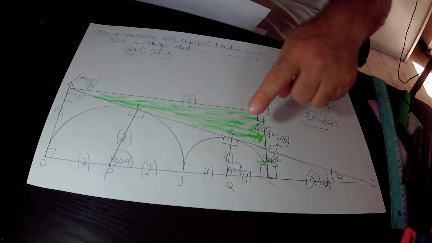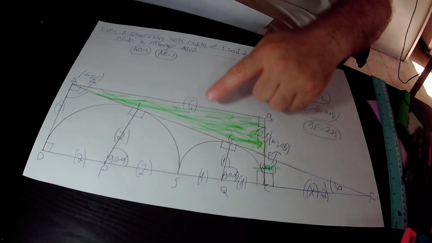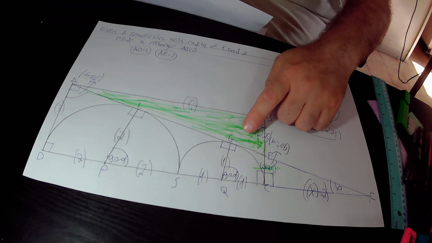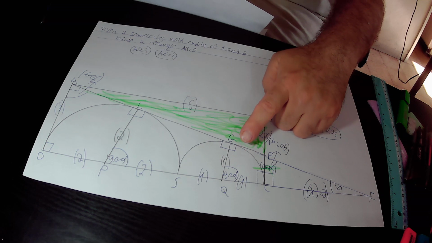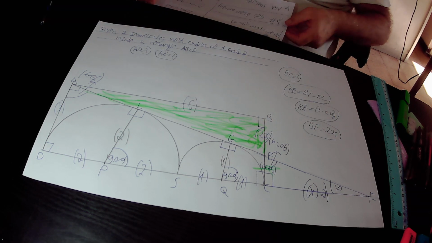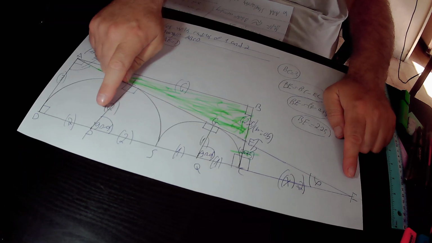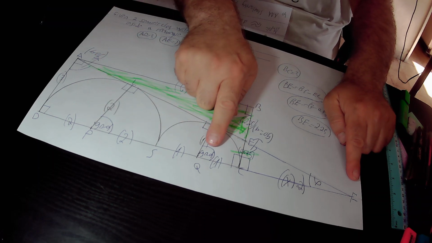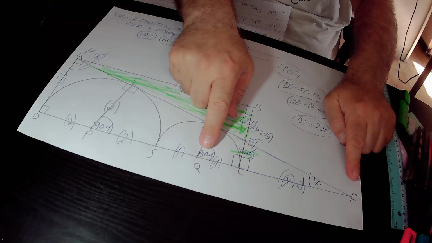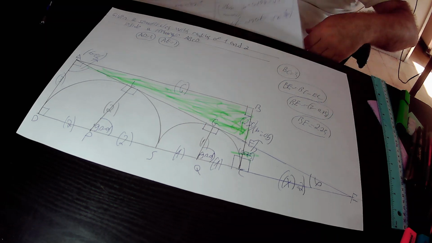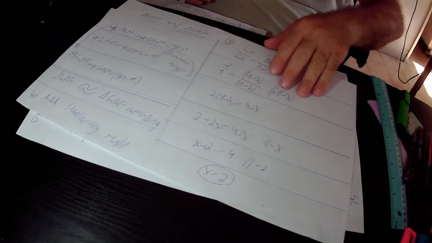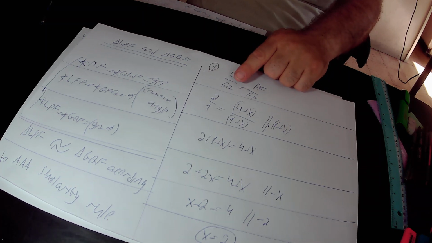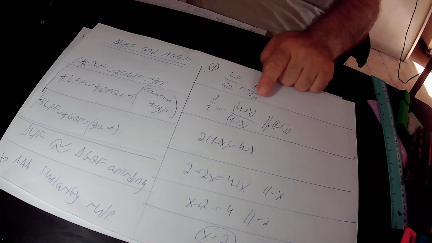LP equals 2 over GQ equals 1, and PF equals 2 plus 1 plus 1, that is 4 plus x. So PF in total equals 4 plus x over QF. QF in total equals 1 plus x. So in total we find that 2 over 1 equals 4 plus x over 1 plus x.